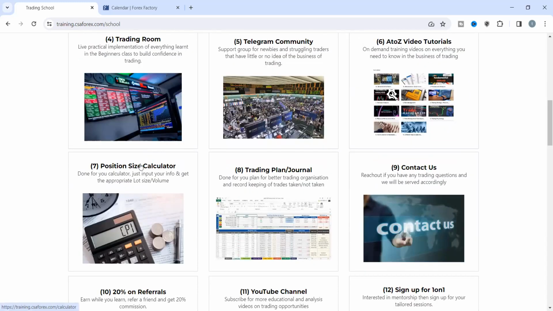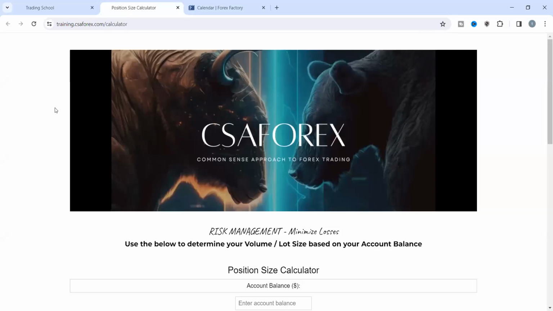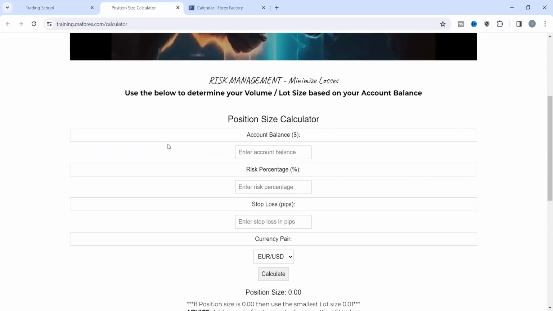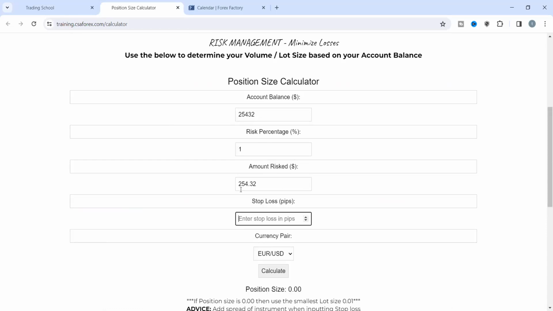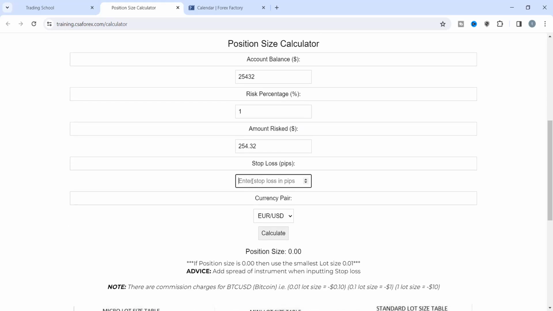The position size calculator, if I click on it, right? We did this for you so that your trading could be better. So put in your account balance, whether it is 1,000, 5,000, or whatever the case might be. I'm just punching numbers. You want to risk 1%. By the time you click here, it automatically does the risk of 1% of this. And then you put your stop loss.